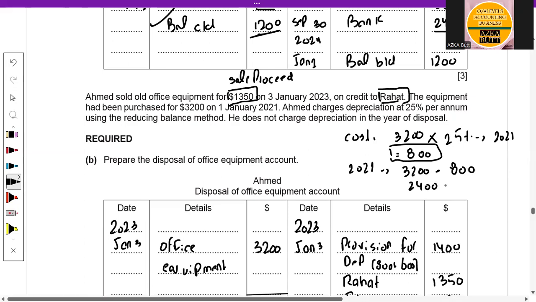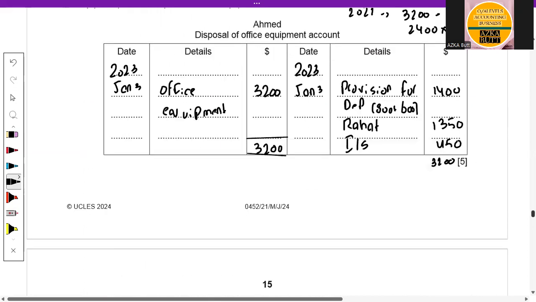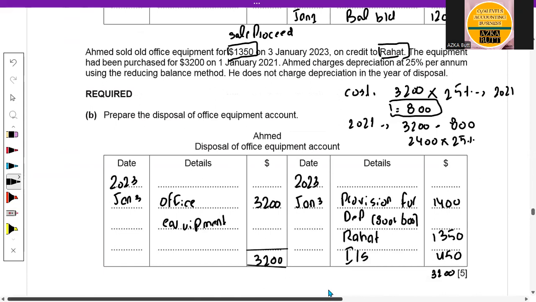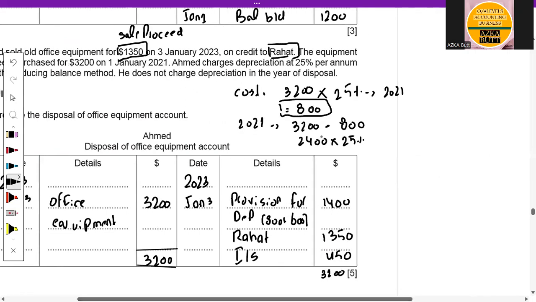Now we have to multiply this by the rate, because in RBM we apply the rate on the net book value. So 2,400 multiplied by 25 divided by 100, so this is 600. So 800 for 2021 and 600 in 2022.